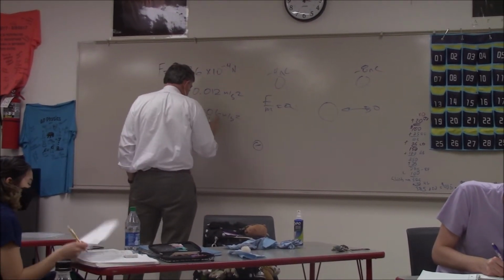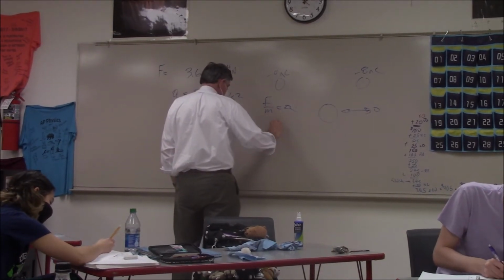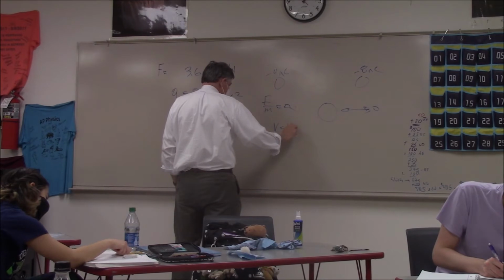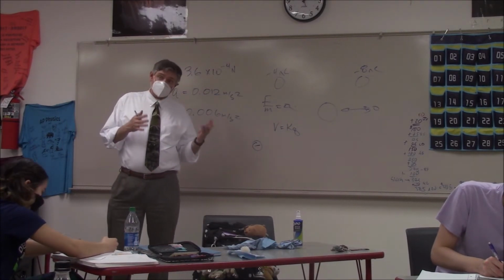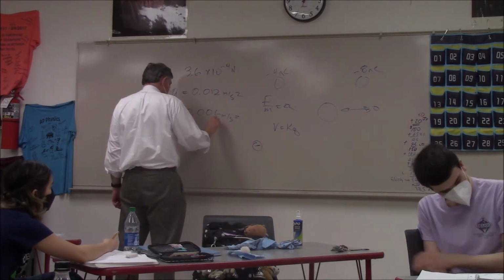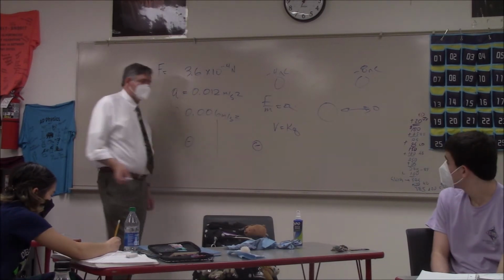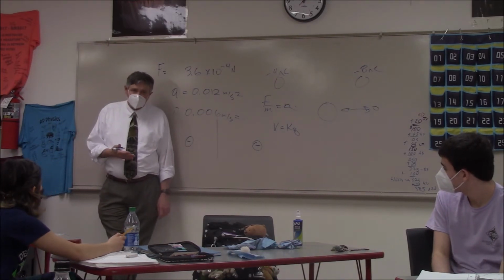So, is there a point, okay? Because remember, voltage equals KQ over R. We'll talk about voltage, because voltage is the energy in the system, okay? So, is there a point in between where there is no electric field? Yes. Where's that going to be? In the middle.